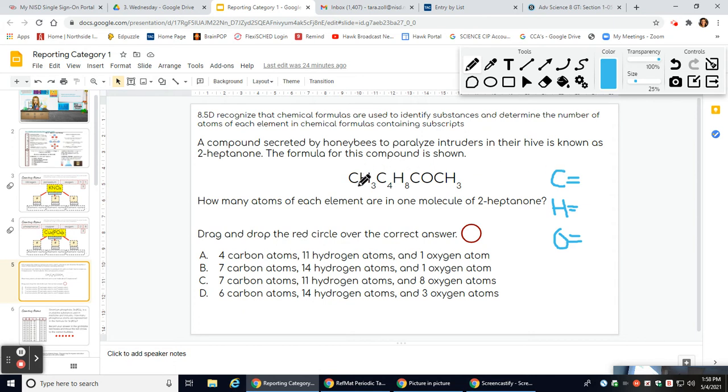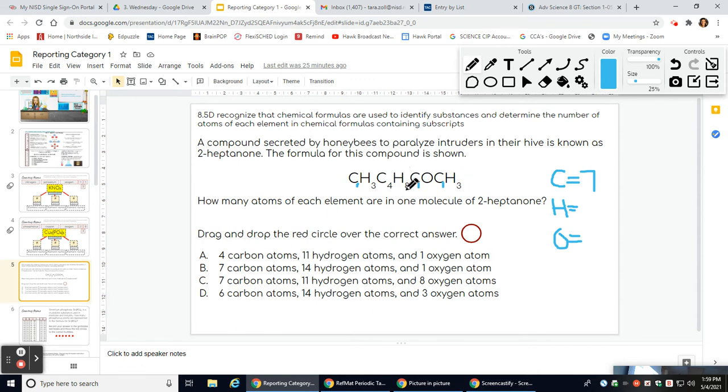So here, this carbon does not have a subscript, so it's just 1 carbon there, 4 here, 1 here, and 1 here. So I have 4, 5, 6, 7 carbons. Okay, and then I'm going to count my hydrogens. So I have 3 here, 8 here, and 3 here.